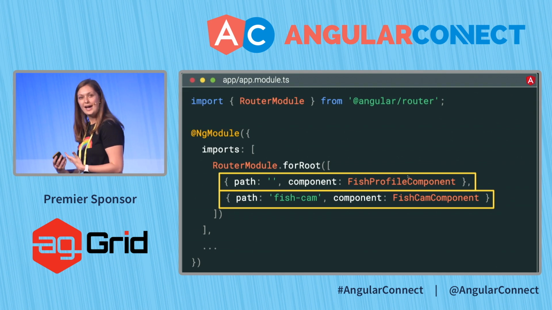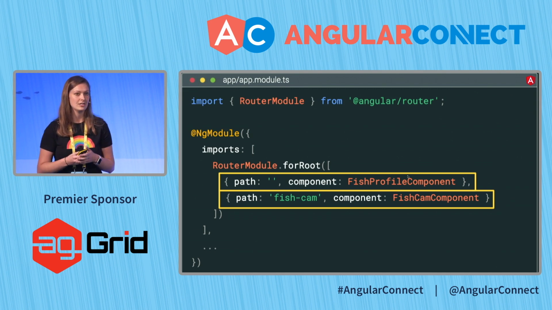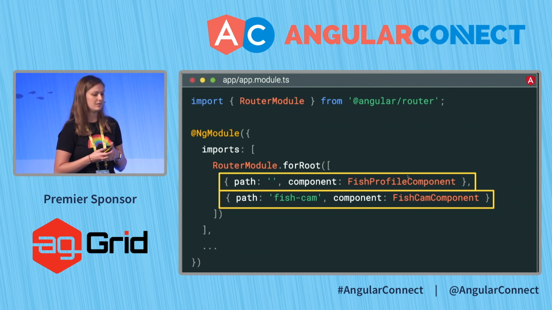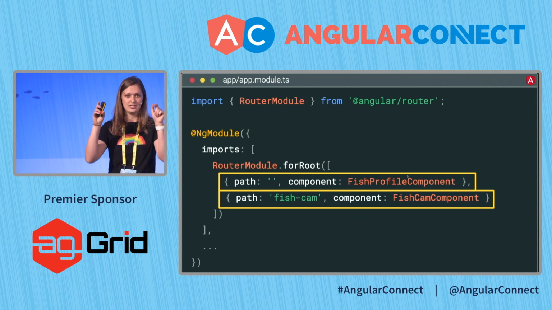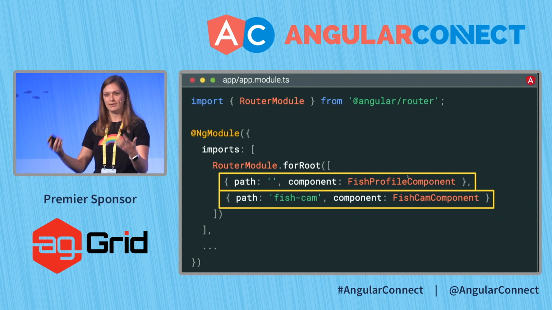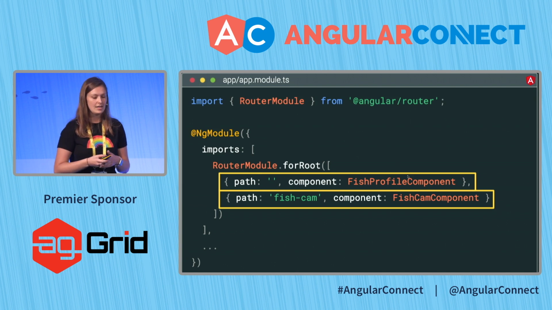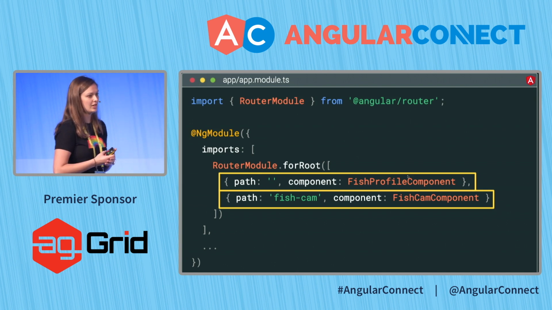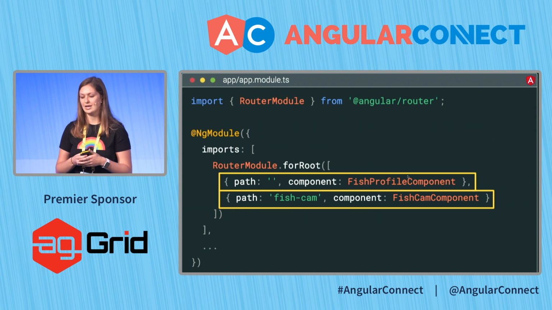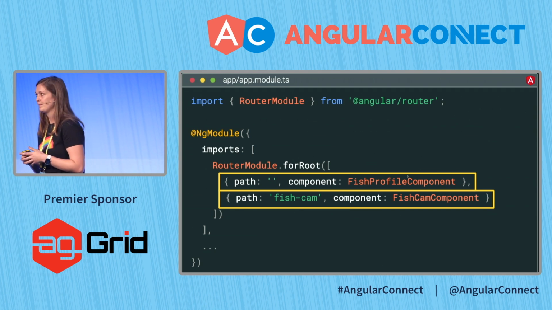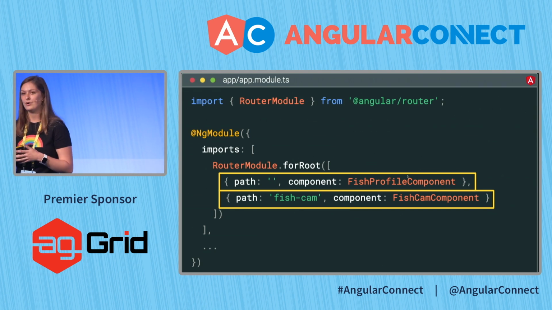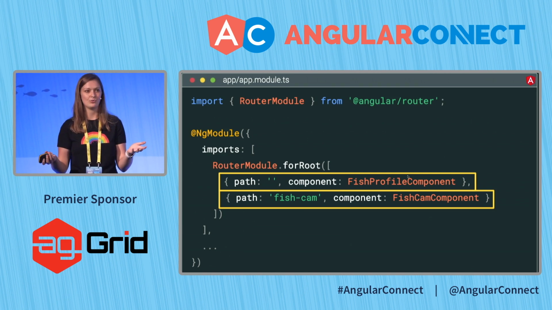Then you define paths to get to different pages in your application. So our home page, which is the empty brackets, is our fish profile component. And then we have another page called FishCam, which actually links to a different Angular component that displays a live fish recording.